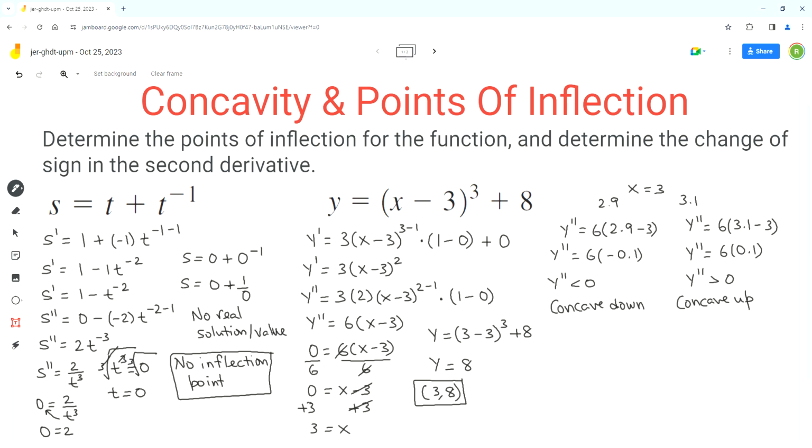So we can see that as we go from left to right, the concavity of the curve changes from down to up. So the second derivative changes from being negative on the left side of the inflection point to being positive on the right side of the inflection point. So this should be the final answer for the second part of this question.